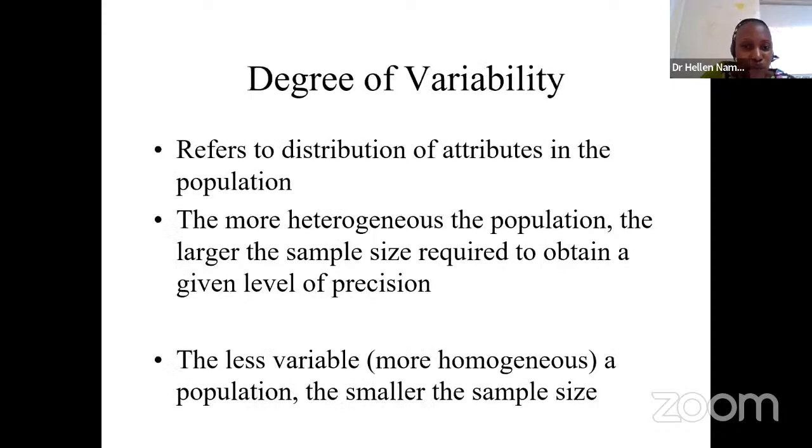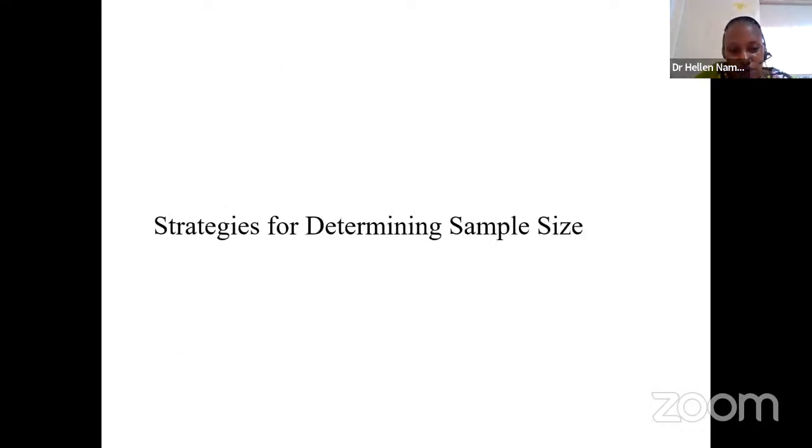Then with the degree of variability, here we're referring to the distribution of attributes in the population. And so what is most important here is that the more heterogeneous the population is, the larger the sample would be, because by the end of the day, you're going to get different elements with various characteristics. And then the opposite is true. In case it is more homogeneous, then it implies that you require a small sample.